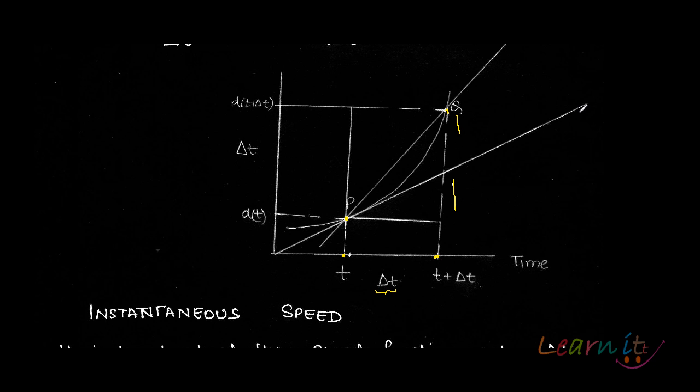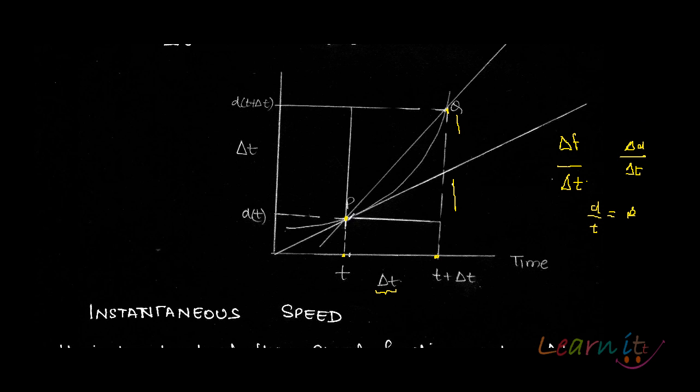Now change in d upon change in t would give me my speed. That would be the average speed, right, from say 8 to 10 minutes.